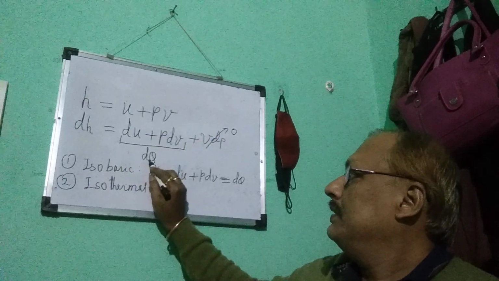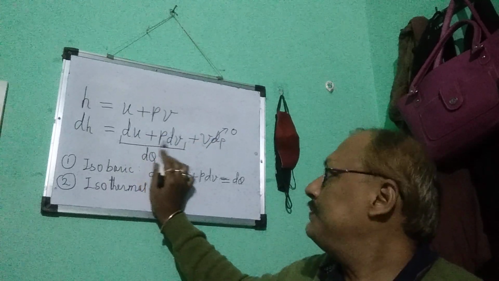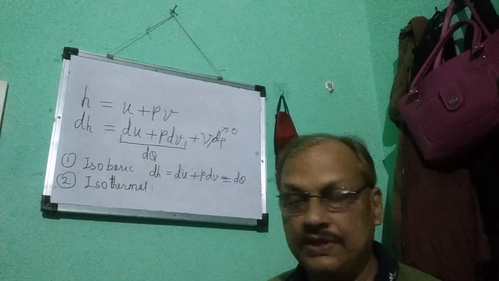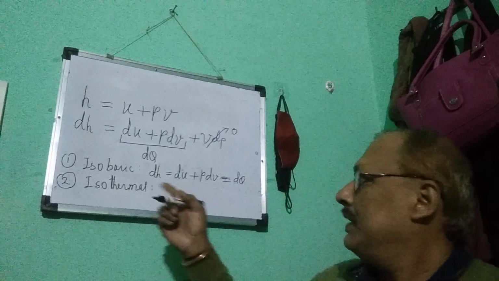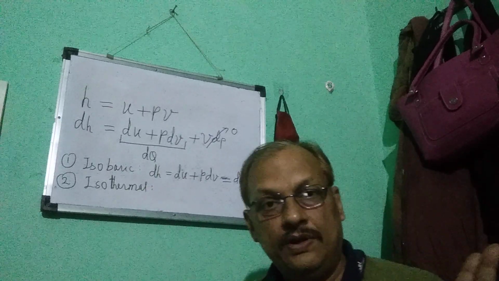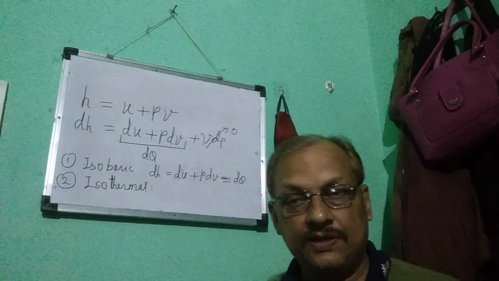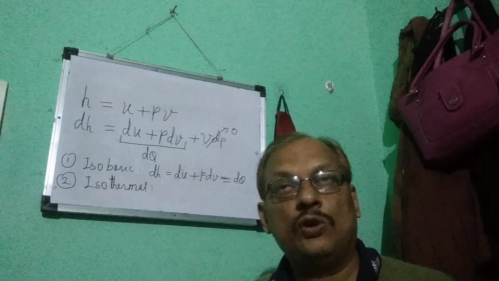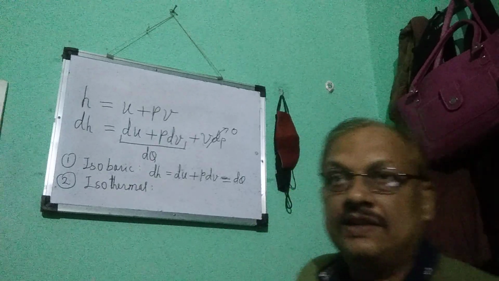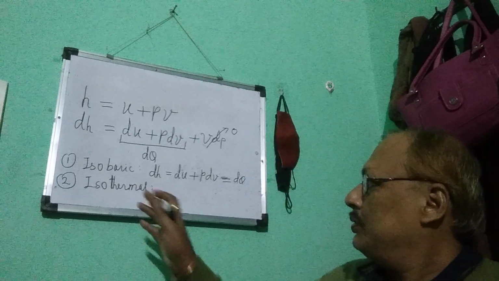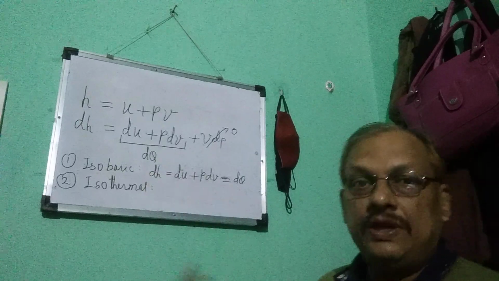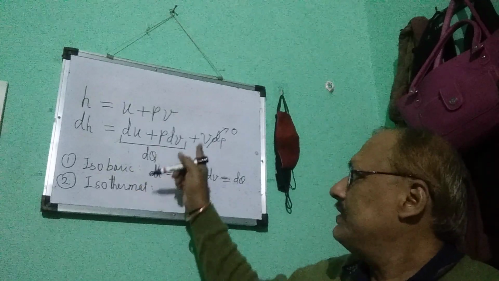And look, this dq = du + pdv is also the first law of thermodynamics. For the isobaric process or free expansion process, surrounding pressure is constant, that is our practical problem, so dh = dq.